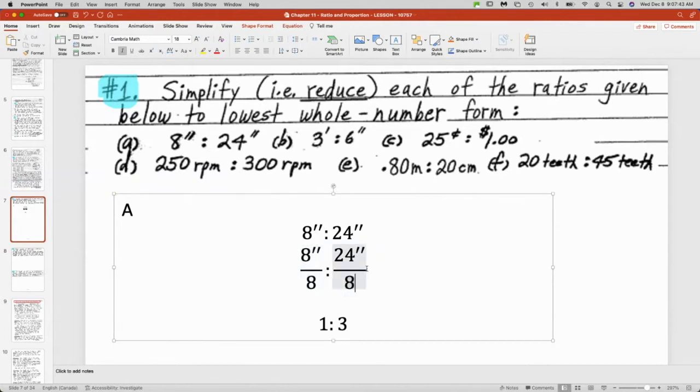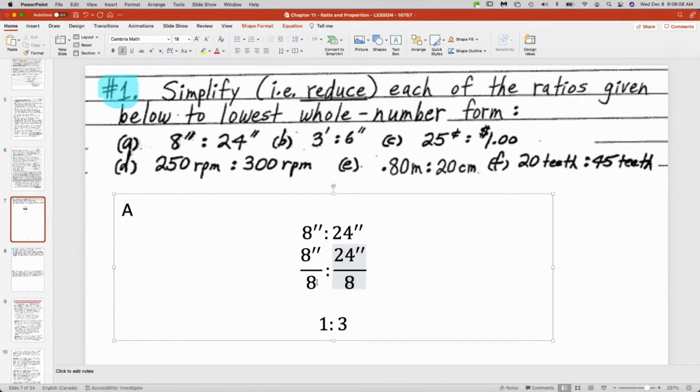You can divide by 8 with both, but that doesn't deal with the inches. When you have ratios, you can always reduce them in a way, hopefully, that the units are simplified. In this case, since the units are both measurements of length on both sides, it would make sense that the units should eventually cancel out. So that's what we're trying to do here.